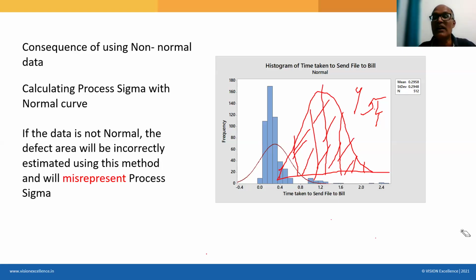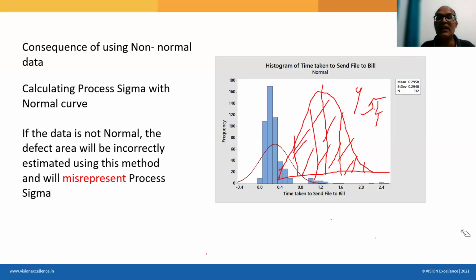Then you calculate CP, CPK. And if you are getting your CPK as 2, that means you are in a very good process. You are bound to have only 3.4 parts per million, if you make 10 lakh parts. So that is the ultimate purpose of process capability.